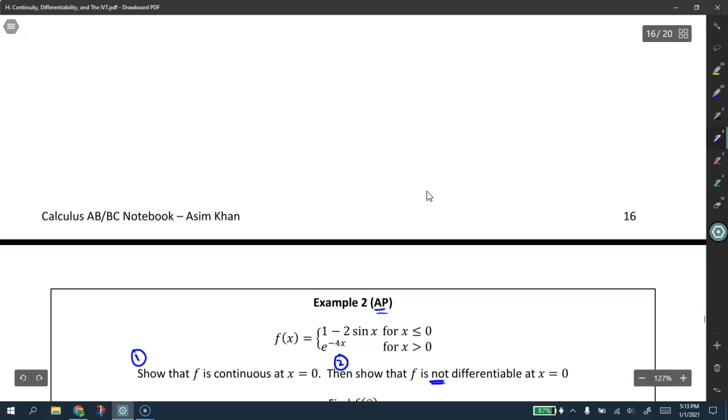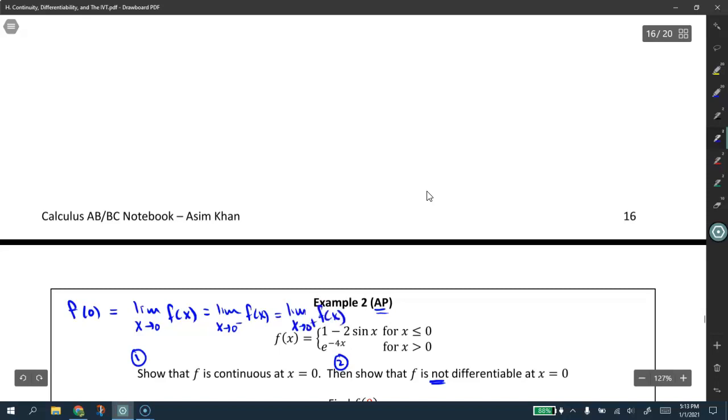So let's begin with the continuity part. To show that something is continuous, you need to show that the function at that number is equal to the limit as you approach that number. And what we just learned when we were talking about the limit of a piecewise function is that we need to look at the left-hand side and the right-hand side: the limit as x goes to 0 from the negative side of f of x, and the limit as x goes to 0 from the positive side of f of x.